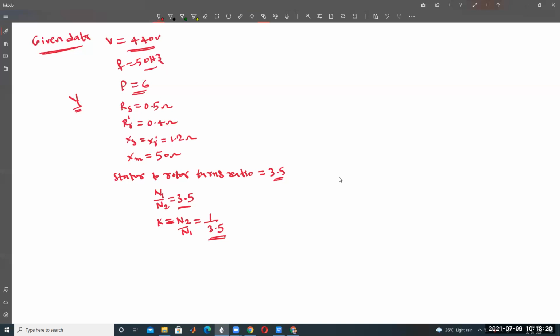Slip at which maximum torque, denoted by Sm, is equal to RR dash (otherwise R2 dash) divided by the square root of RS square, that is the stator resistance, otherwise R1 square, plus (XS plus XR dash) whole square. Your notations are taken like this: RS, RR. This is the equation.